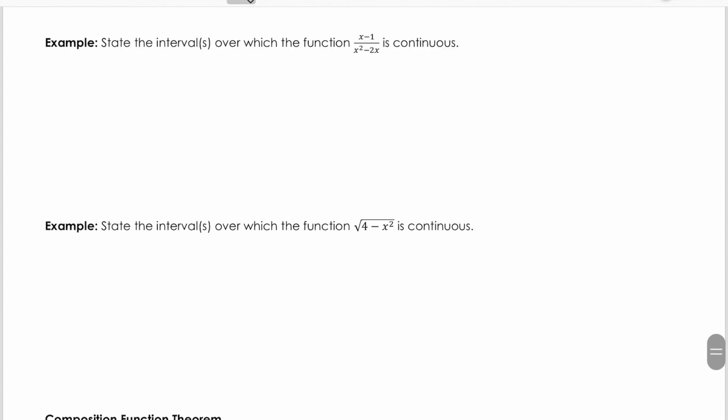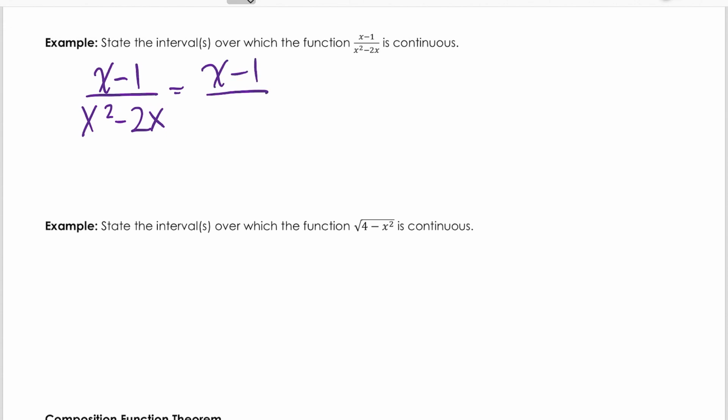Okay, so let's look at the first example. We have a rational function here, x minus 1 over x squared minus x minus 2. A rational function is going to be continuous everywhere except if there's a hole or an asymptote. If you think back to college algebra, when we talked about finding holes and asymptotes of rational functions, we had to first factor to find where there are holes or asymptotes.